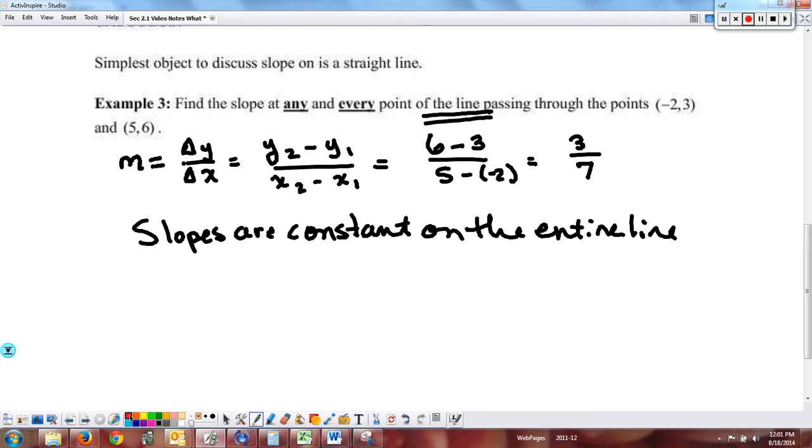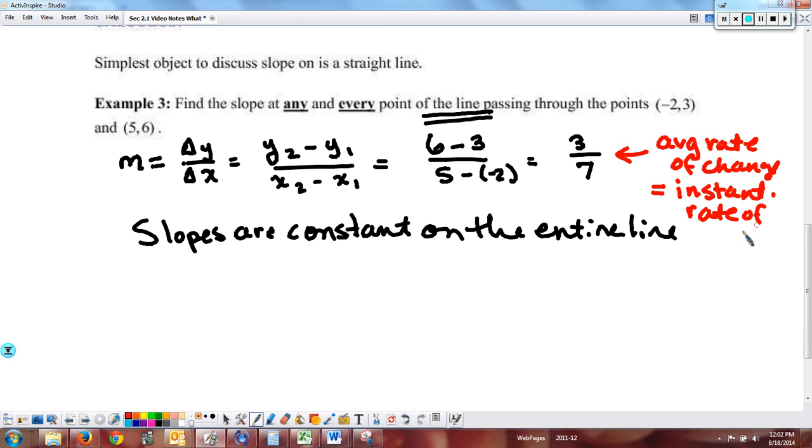If you were asked what the average rate of change is, the average rate of change anywhere on the line is going to be 3/7. In a line, and only in a line, the average rate of change is going to equal the instantaneous rate of change. And that is only true for lines because lines have constant slope.